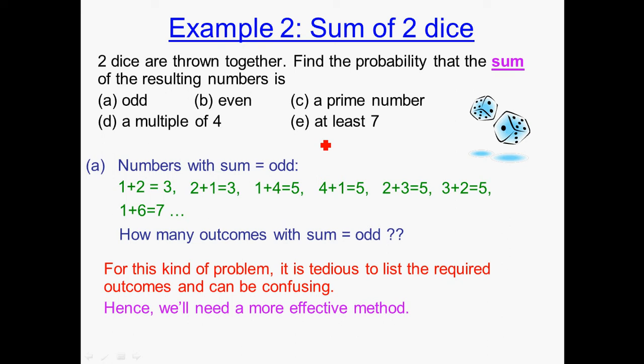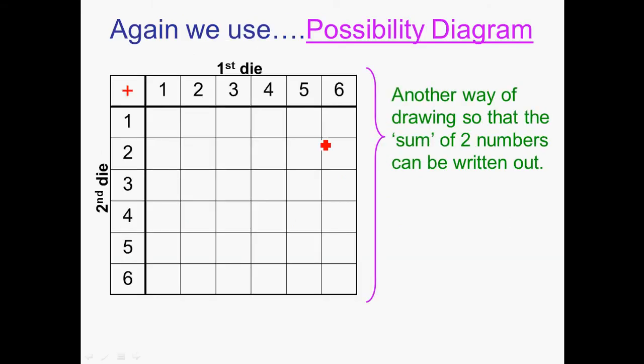So we can use a more effective method, just like the possibility diagram, but instead of using the dots, we can write a plus, an addition symbol, to note that we are adding the first die and the second die. So this is the sum of 1 and 1.